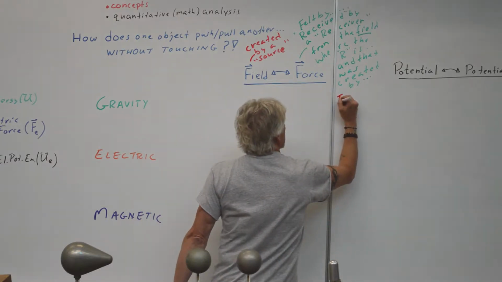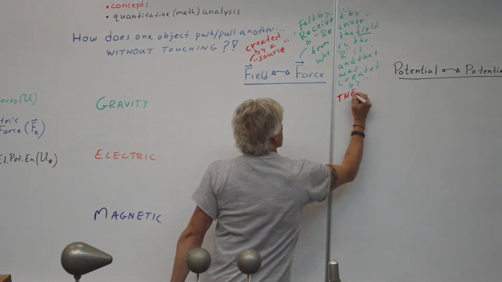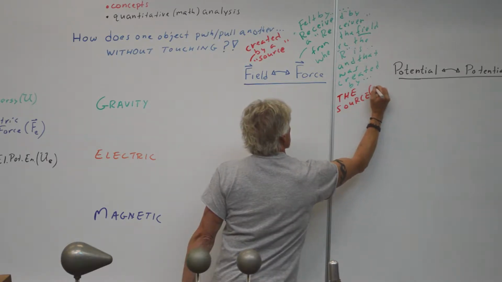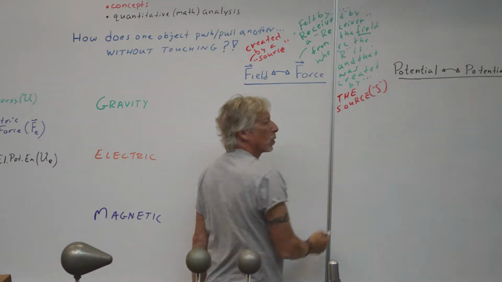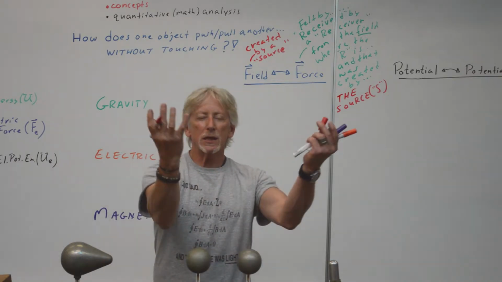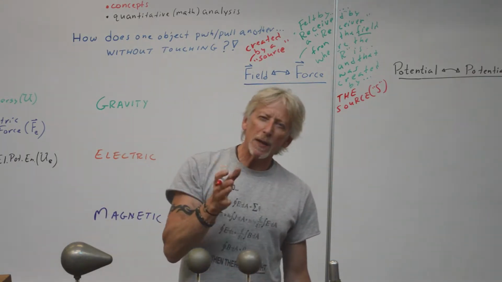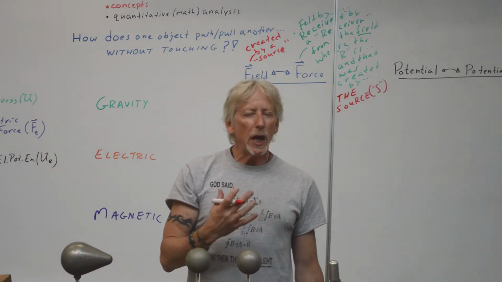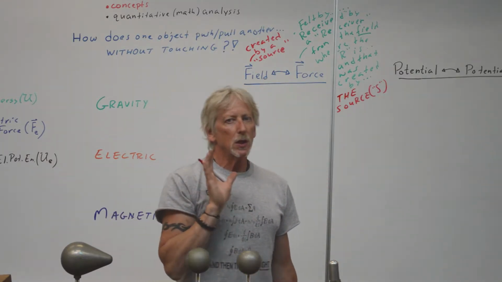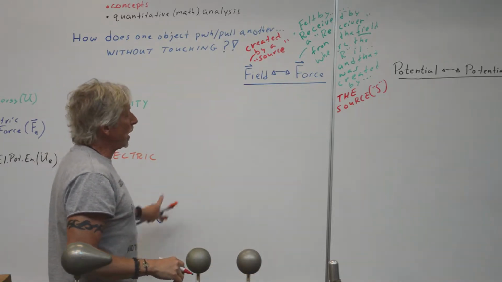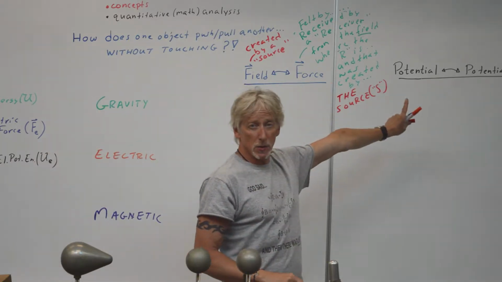Created by the source, which I like to use S, or the agent, that which created that field. If that makes sense, then we can use that type of thinking, whether it's real or not, to analyze gravity, electric, and magnetic. And we're going to take that same concept and put it into energy as well.